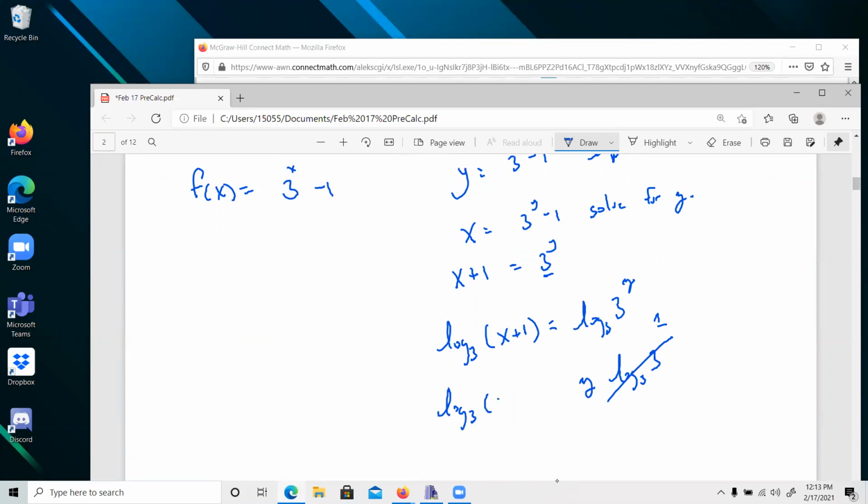So we have log base 3 of x plus 1. I want to try something because technically it shouldn't matter which log you've picked. So we're just going to do an alternate here. What if I picked natural log, and we had natural log of x plus 1 is equal to natural log of 3 to the y. Well, when I bring the y down, I'm going to have natural log of 3 here.